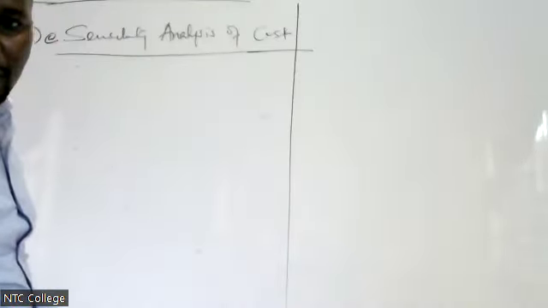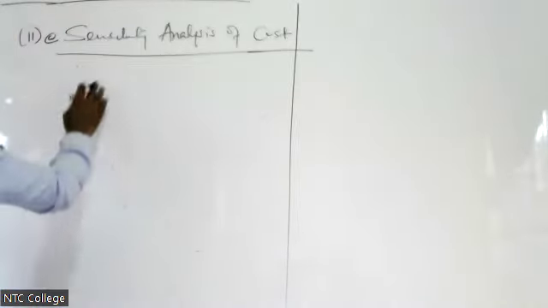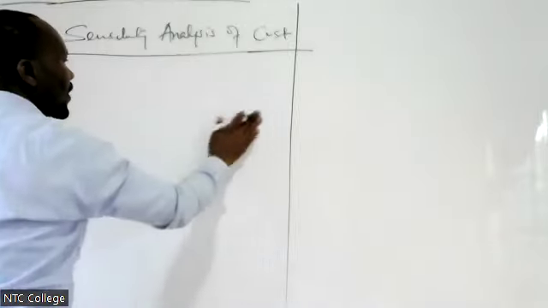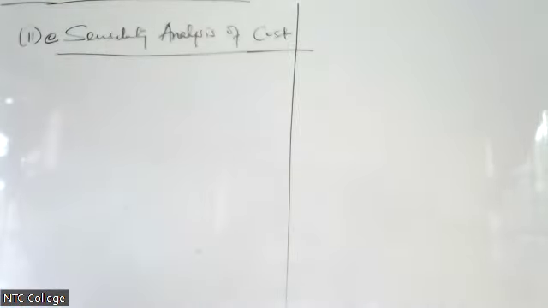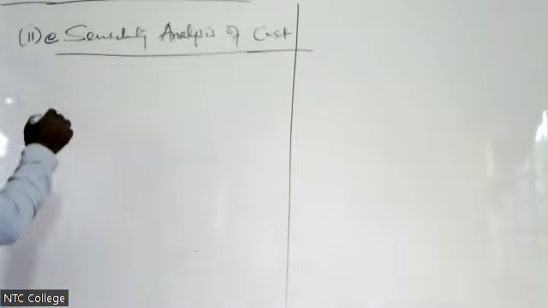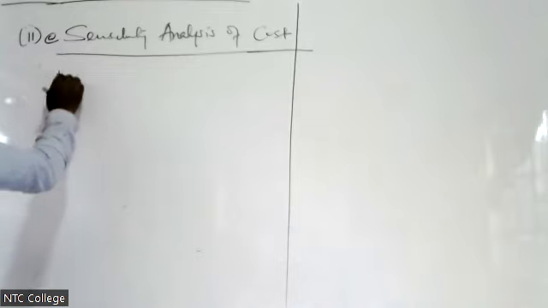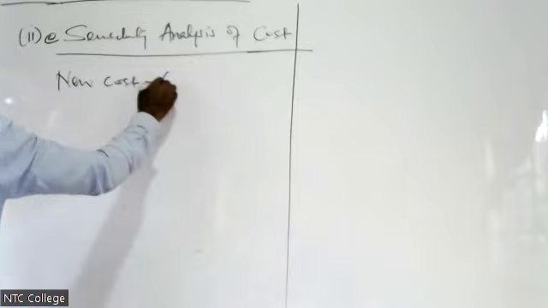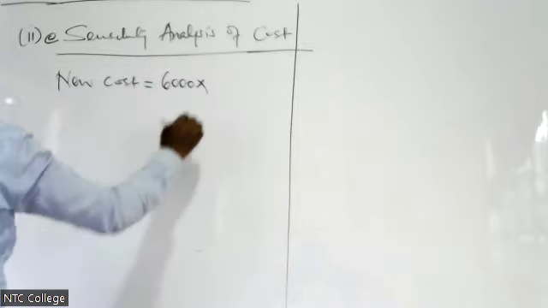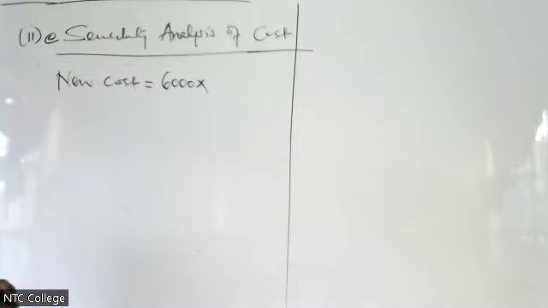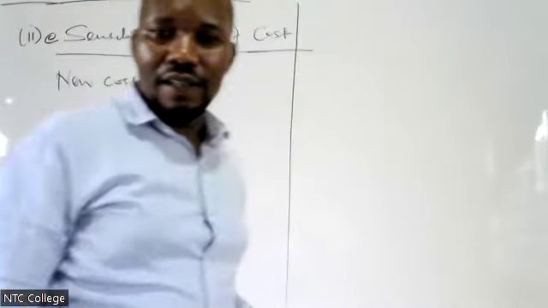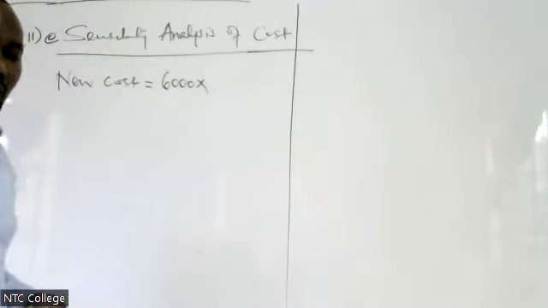So cost has varied adversely. When cost varies adversely, what would be the answer? What would be the percentage change? Initially it was 6,000. The new cost is equal to 6,000 times what percentage? When it varies adversely, what is the new percentage?